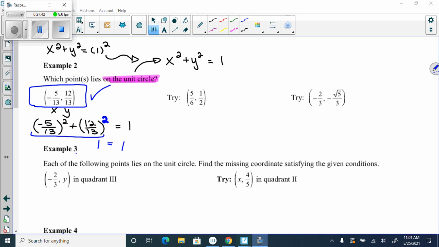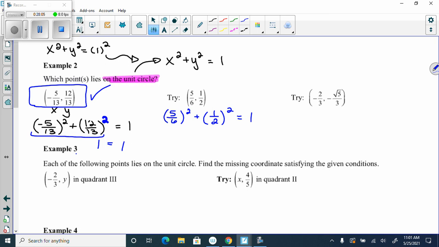So this one we're going to go (5/6) squared plus (1/2) squared equals 1. What does this side equal? You type it in? Did you get a fraction?